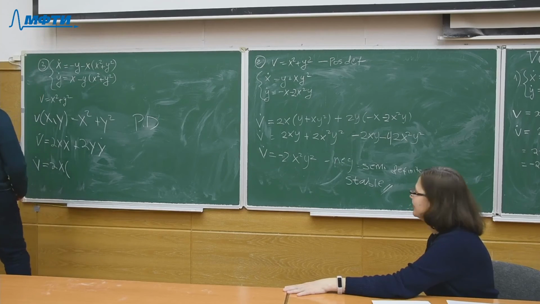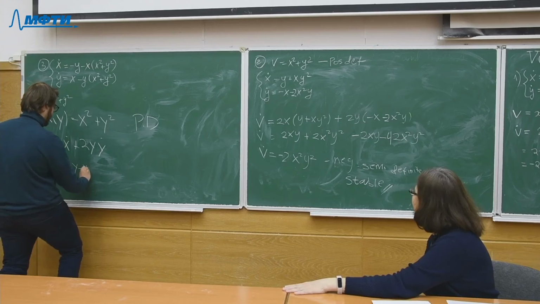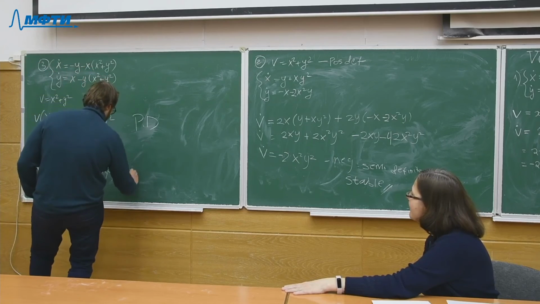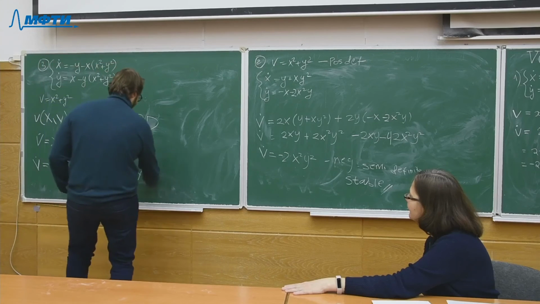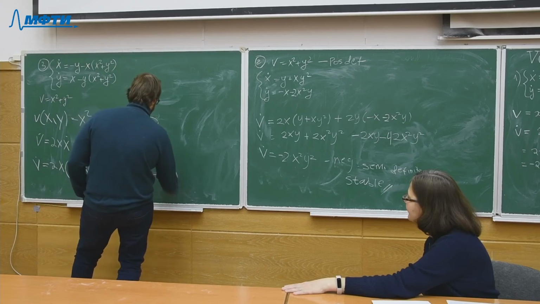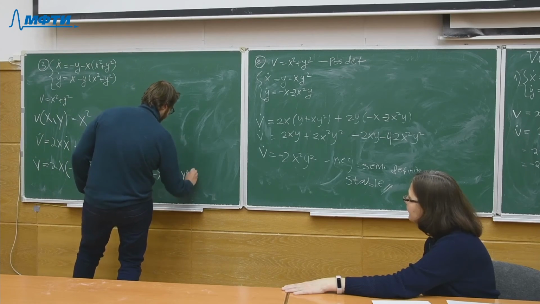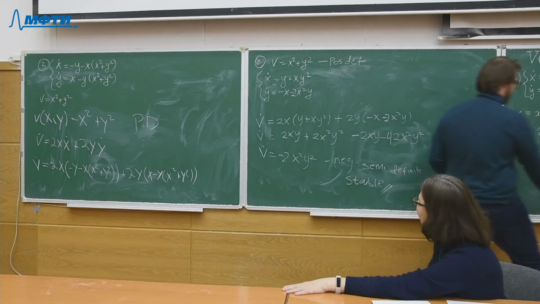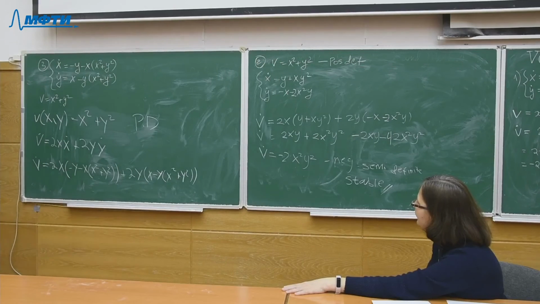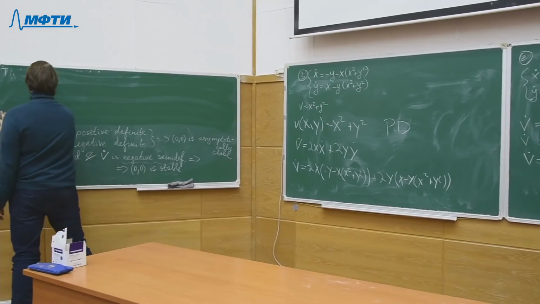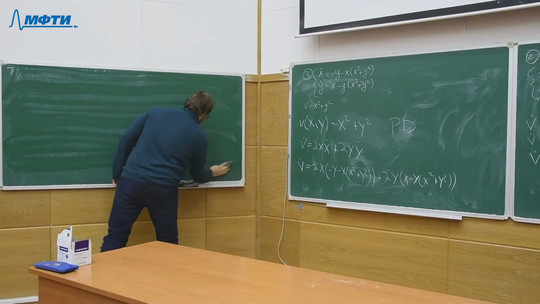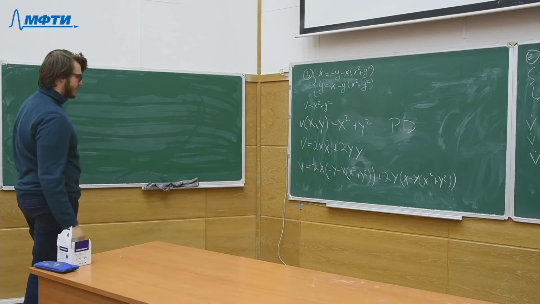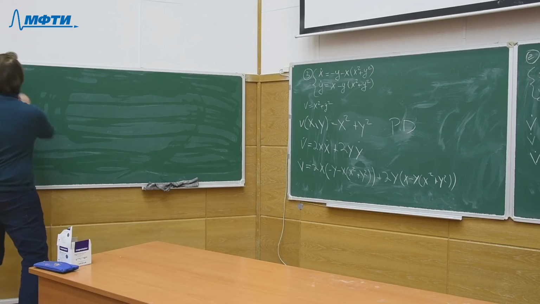It's going to be equal to 2x times open bracket minus y minus x times x squared plus y squared, plus 2y times x minus y times x squared plus y squared.